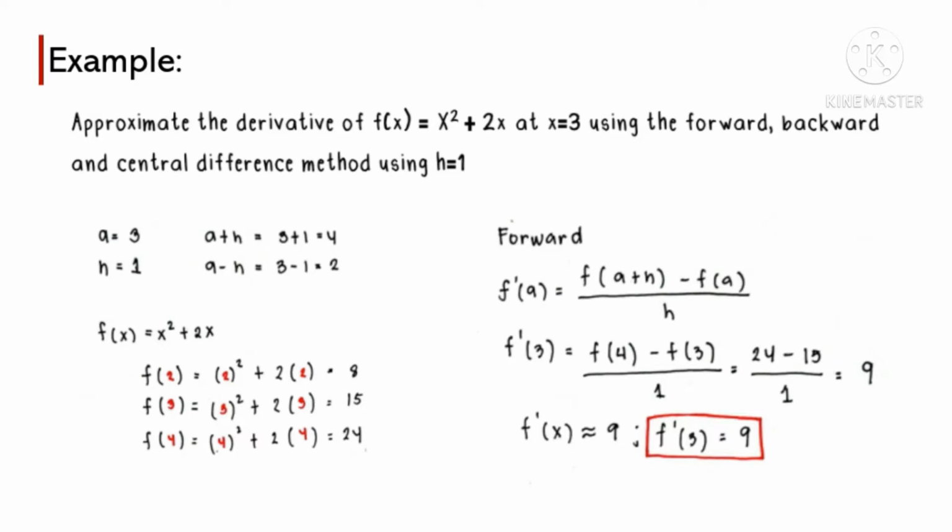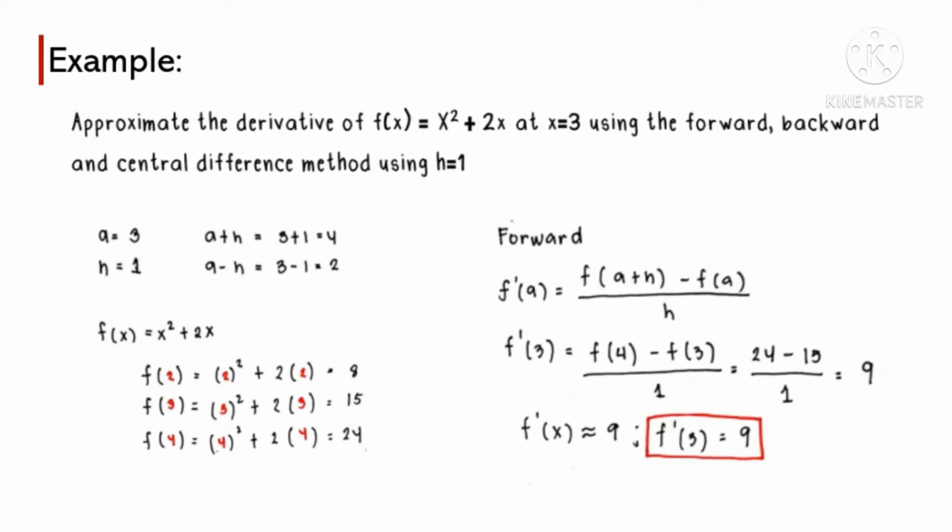So forward formula, f of a plus h minus f of a over h. So substitute point of interest plus h, we have 4, and point of interest, we have 3. So f of 4, based on what we computed previously, we got 24.